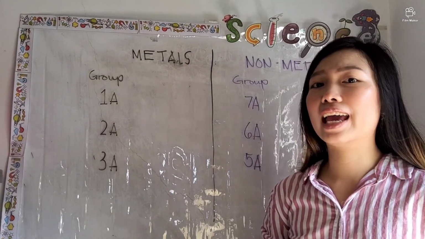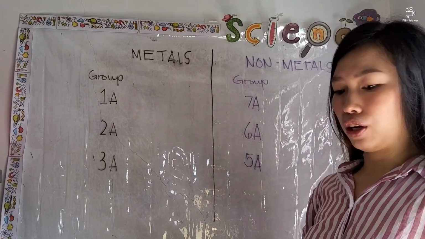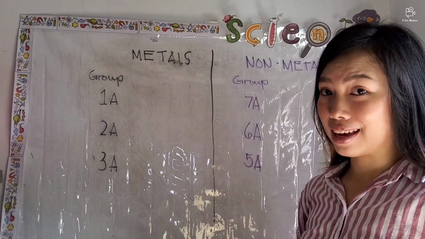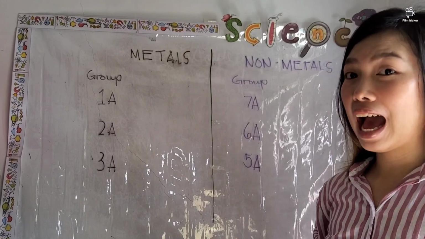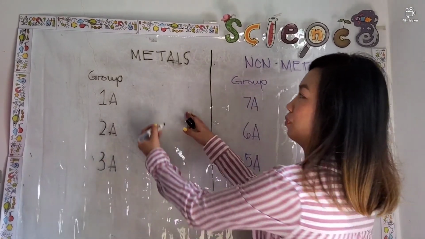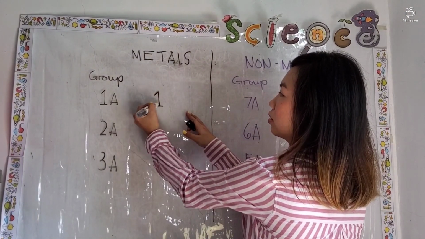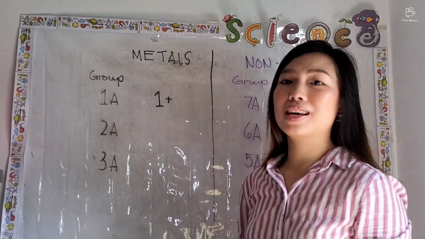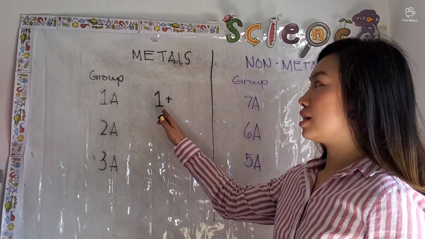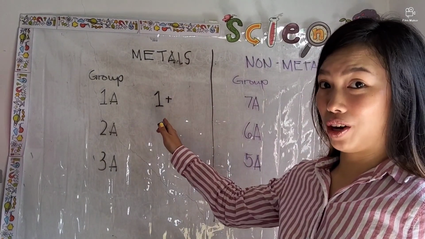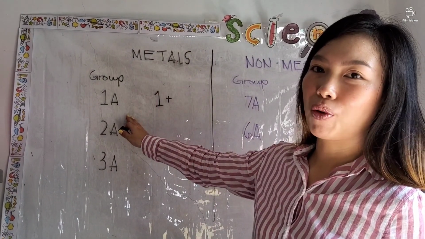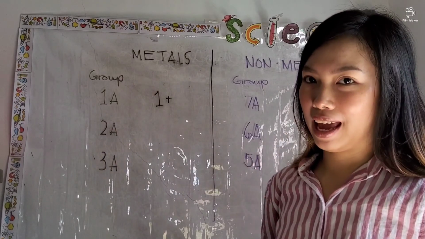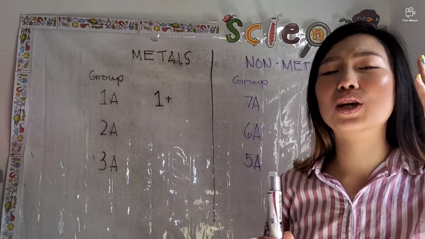So lahat ng element na nasa group 1A, which is a metal, will have an ion of 1 positive. Isang positive charge para sa lahat ng element na matatagpuan mo sa group 1A. Ano lang bang kailangan mong tandaan sa iyong isip?